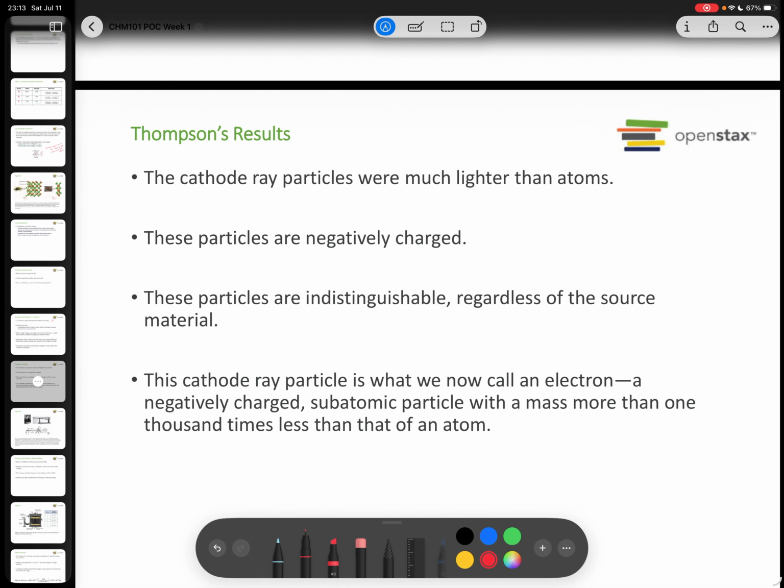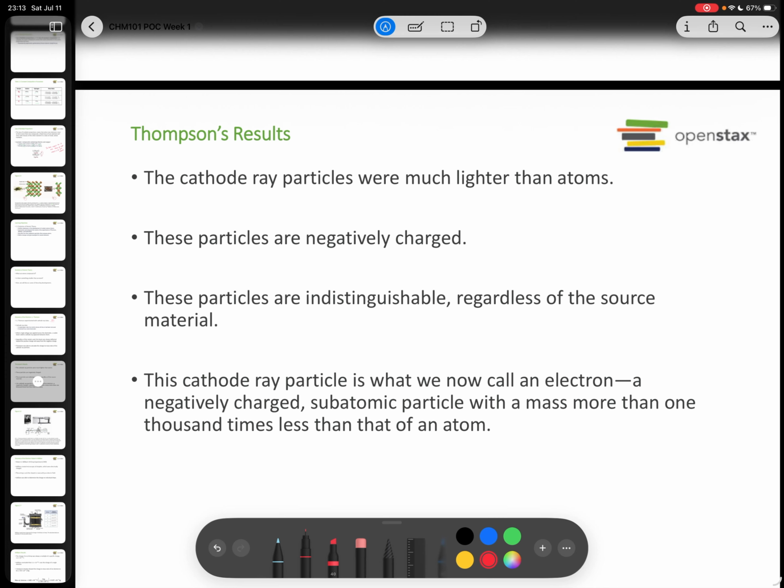So ano ang nangyari dun sa experiment niya na yun? Okay? So Thomson found out that cathode ray particles were much lighter than atoms. They were negatively charged, and they were the same regardless of the metal used in the experiment. So this means they were not specific to one type of atom. So they were a basic part of all atoms. Okay?